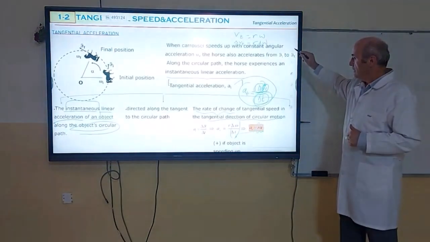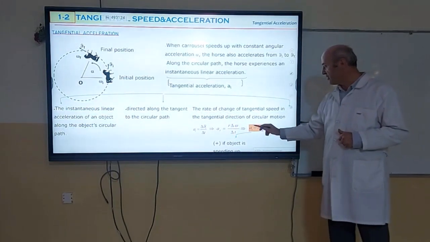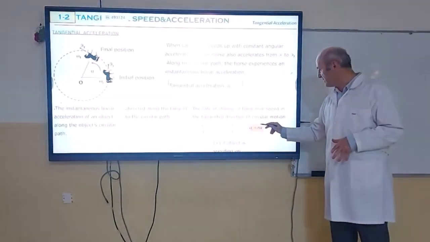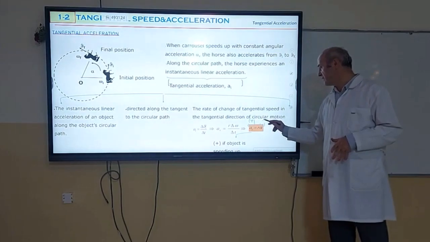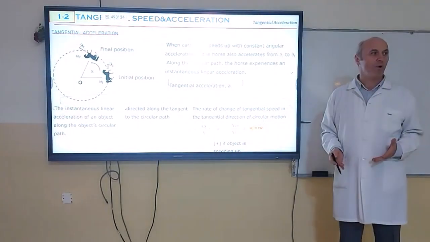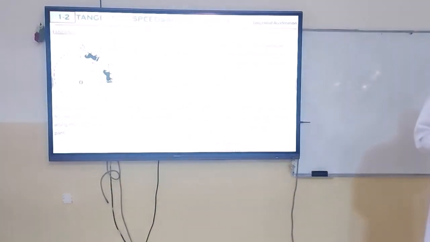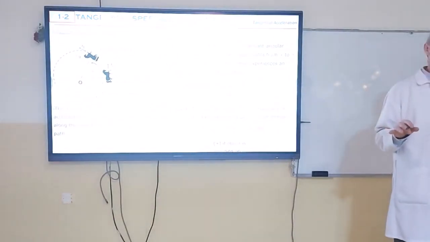Also, tangential acceleration and angular acceleration are directly proportional, and they have the same sign. If one of them is negative, the other one is negative. If one is positive, the other is positive. In the case of speeding up, both are positive. In the case of slowing down, both are negative. In the case of constant speed, both are zero.